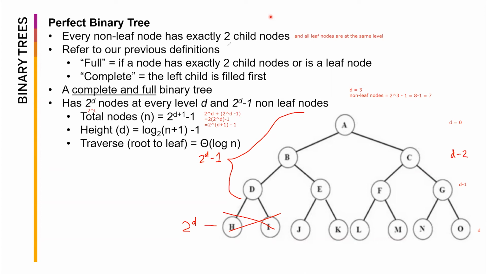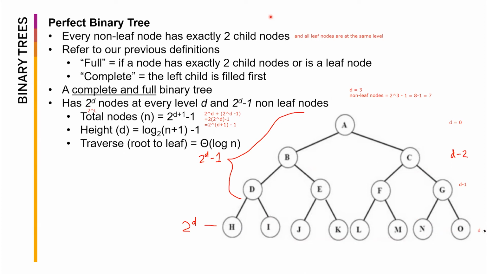Okay, or if we make it complete, again, all leaf nodes to the left. Let's say wala si N and O. So there's a leaf node at D minus 1 while the rest of the leaf nodes are at D. So that violates the definition of the perfect binary tree. Right? So kailangan lahat ng leaf nodes are at the same level.